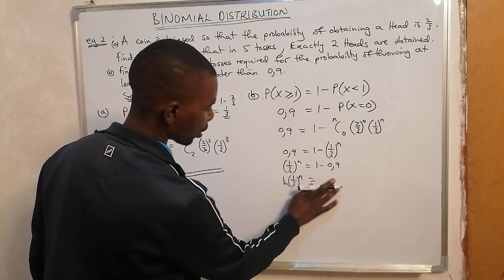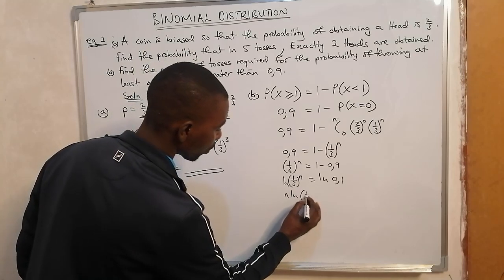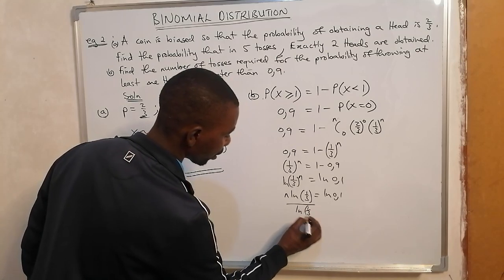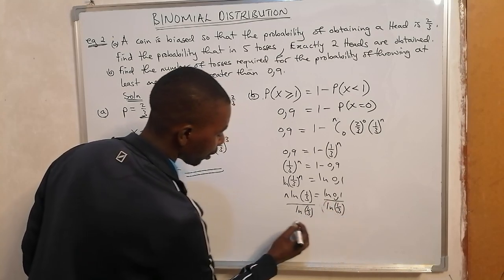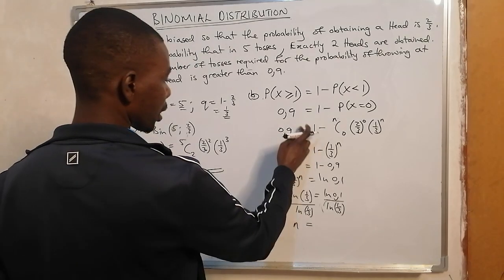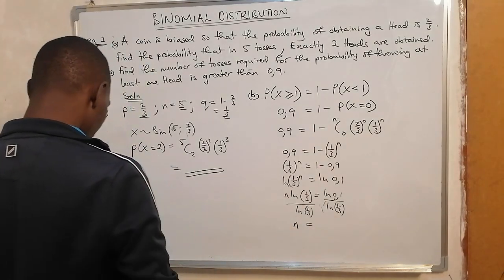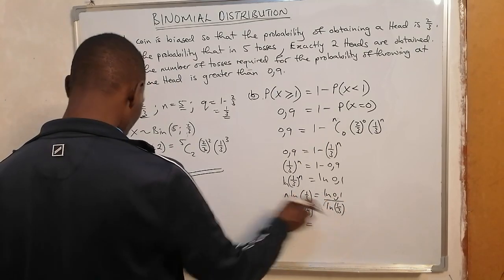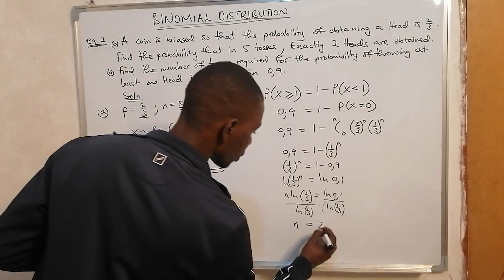Then introducing logarithms both sides, we have n ln 1 over 3 is equal to ln 0.1. Then divide by ln 1 over 3 on both sides. Therefore, our n is equal to ln 0.1 over ln 1 over 3, and that will give you 2.09.